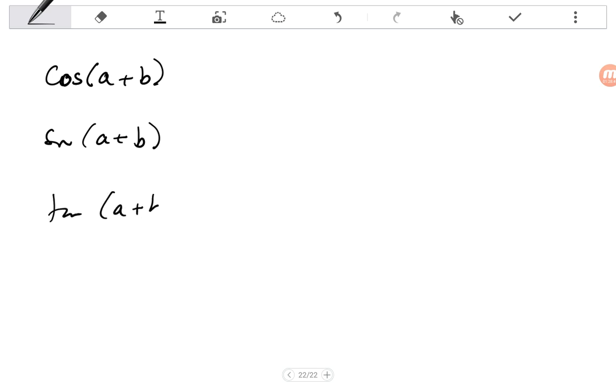Another important rule is how to deal with cosine of the addition or subtraction of two angles: cosine A plus B, sine A plus B, and tan A plus B. Okay, we have three rules which are important for us.